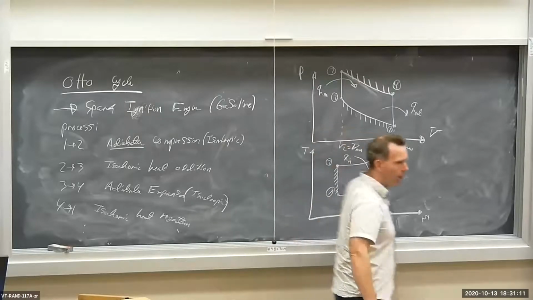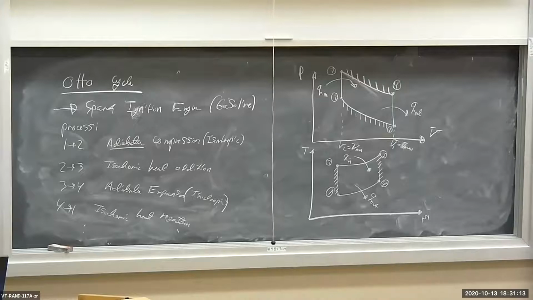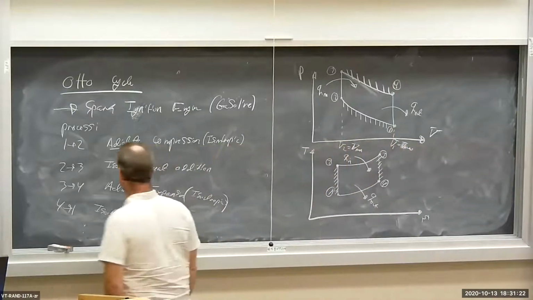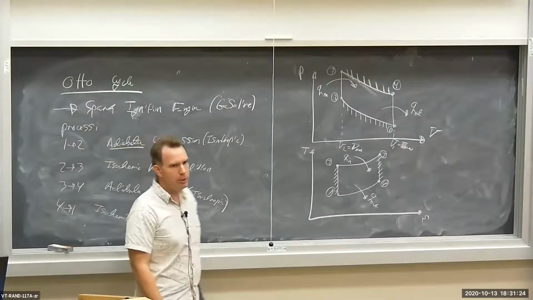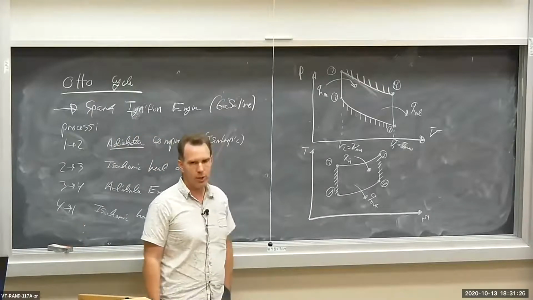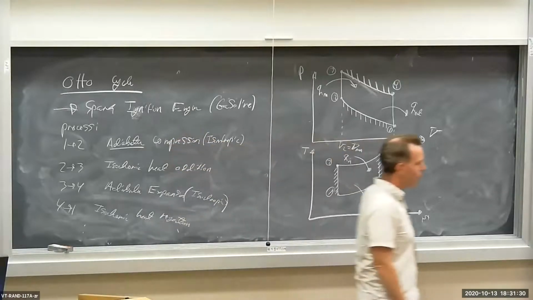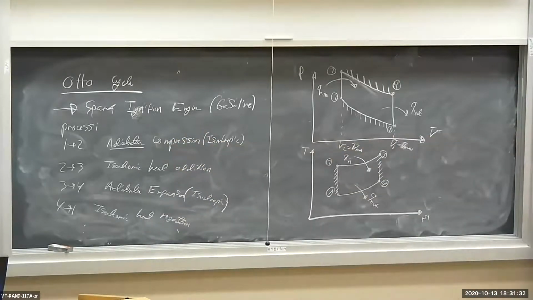Okay, so this is a PV and TS diagram for the Otto cycle. The PV diagram is nice because it shows you the exact processes. The TS diagram is nice because it gives you an idea of work, cycle work, and efficiency, where the heat addition is occurring and where the heat rejection is occurring.